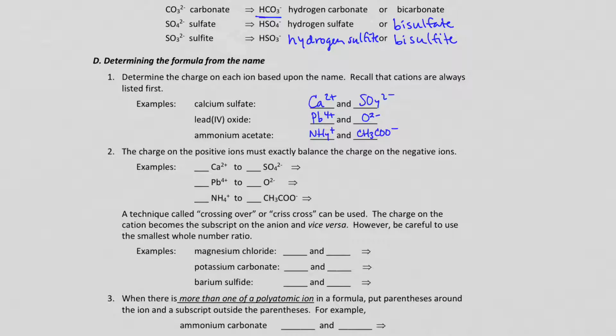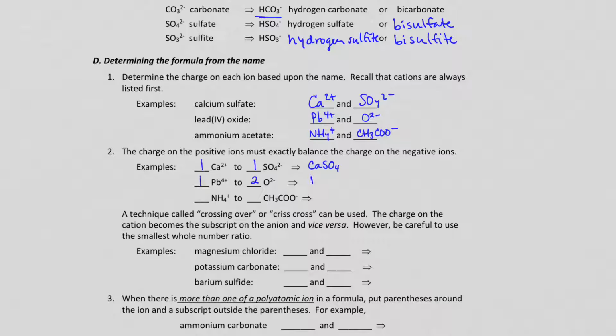Right? So, since calcium is 2+ and sulfate's 2-, 1 calcium is to 1 sulfate, the charges balance out to give me CaSO4. Calcium sulfate. And the next one, we're just going to have 1 lead 4+ to 2 O2-, so we can balance out that 4+ with 4-.